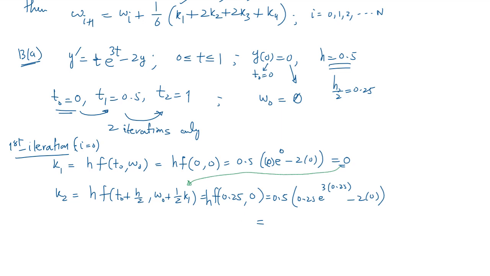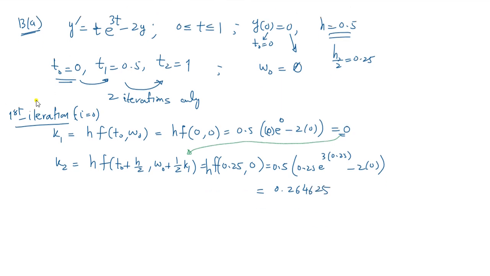So this becomes 0.5 into 0.25, 0.125 into e to the power 3 into 0.75, right? 0.75. So that becomes 0.264625. So you should also write 5-6 decimal at least.